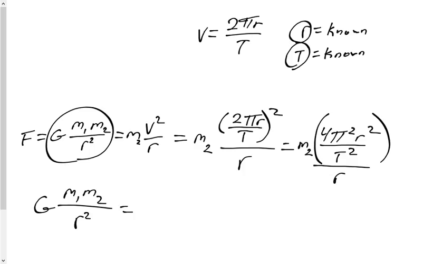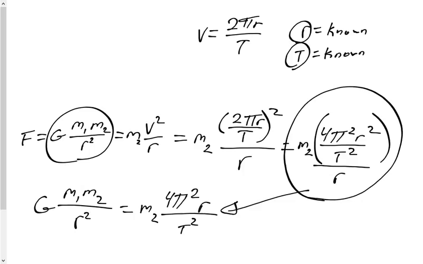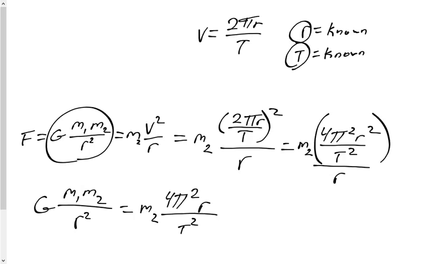That is the same thing as m2 times 4 pi squared times r over T squared. Okay, this simplifies down into that. All right, and now all we need to do is cancel out the mass of the moon because it's on both sides. We have r, we have T, and we can solve for this mass.